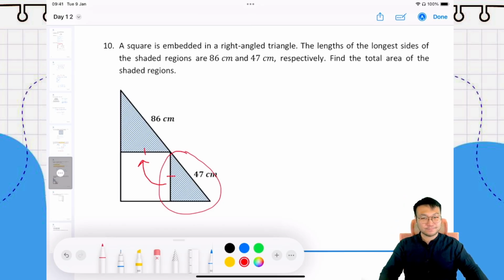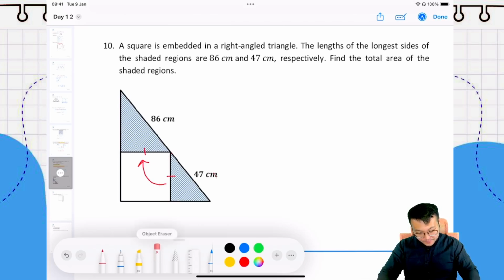Let's go. Don't worry. Come, let me help you, okay? So, Junchen, let me ask you this. You agree that these 2 sides are the same, right? Yes, because it's a square. So, Junchen, if I were to just rotate this triangle over here, my first question to you is, do you know the length of this side? No. Don't know, right?